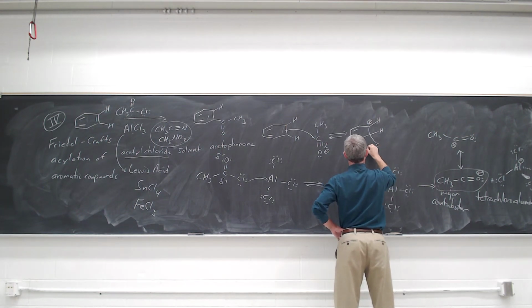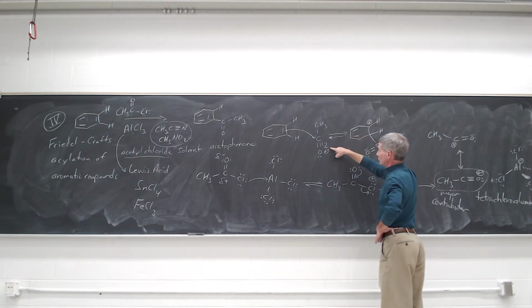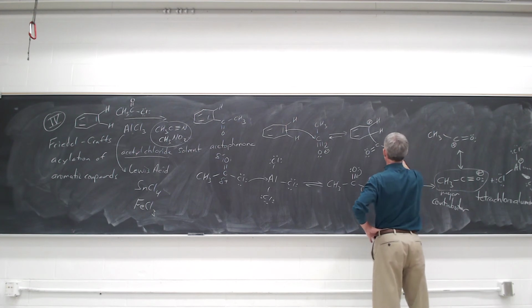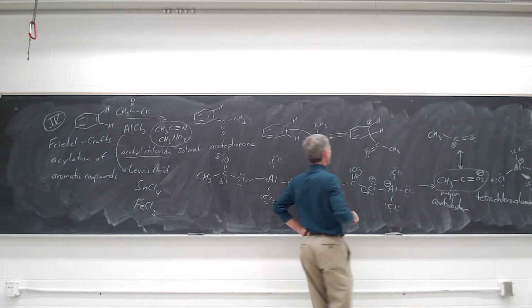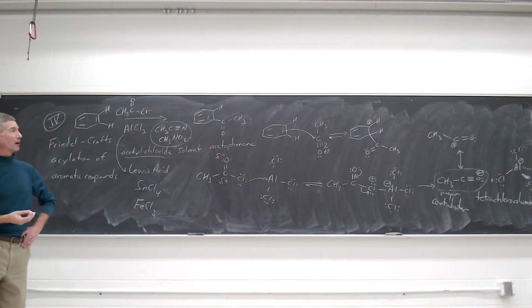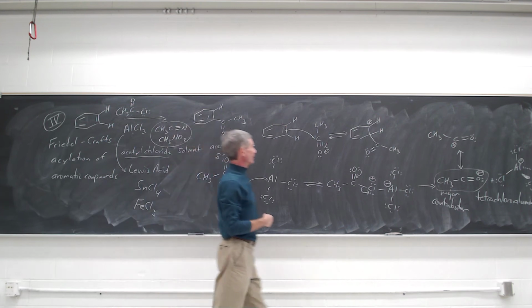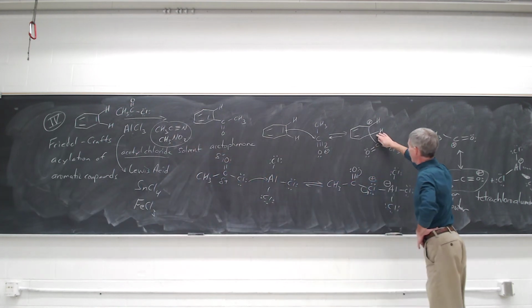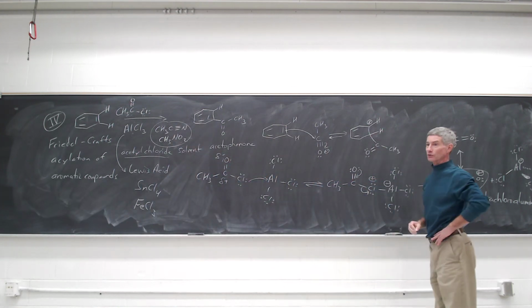And you'll notice that to avoid having 5 bonds to carbon, I had to push a pair of electrons onto the oxygen at the same time. So we no longer have an aromatic ring because we've broken that 1 pi bond. To regenerate the aromatic ring, we want to take this hydrogen off and convert this back to an sp2 hybridized carbon.